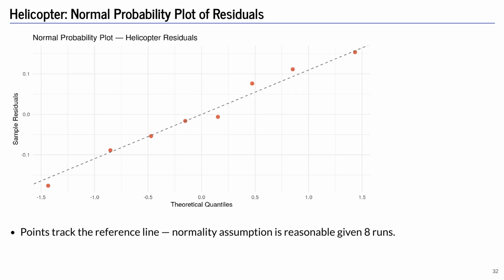What you can detect is a gross departure, a point sitting far from the line, or a clear S-shape across all 8 points. Neither is present here. The points are consistent with the Gaussian assumption, and that is all we can responsibly conclude from 8 observations. The helicopter model passes its diagnostic checks. The prediction equation is trustworthy within the experimental region, and the Gaussian error assumption is defensible.